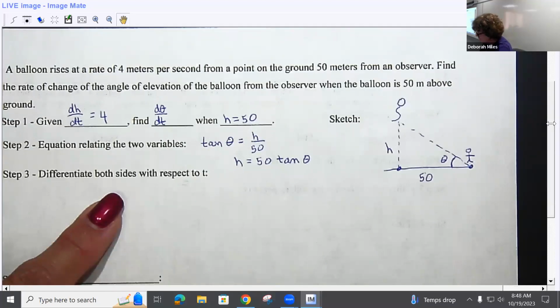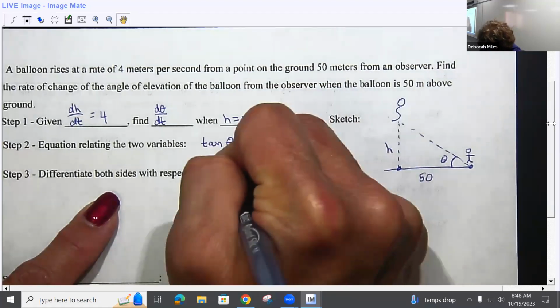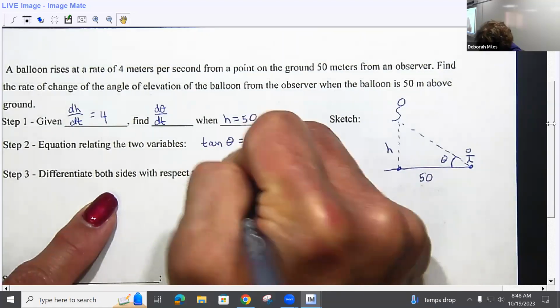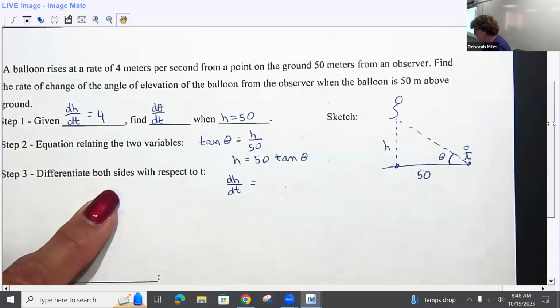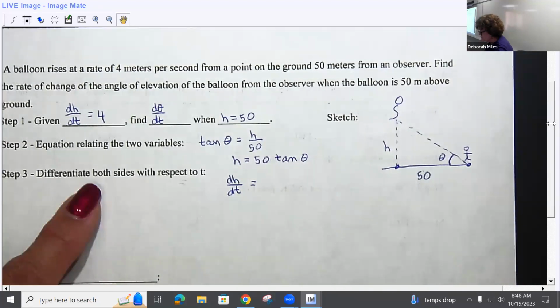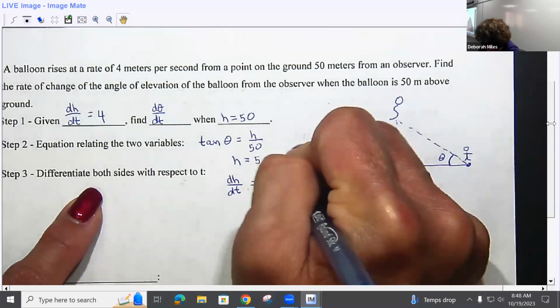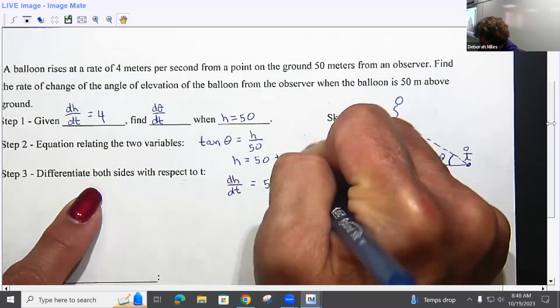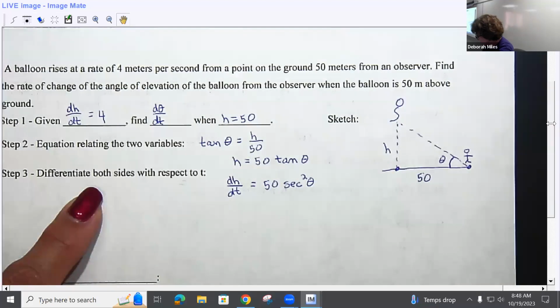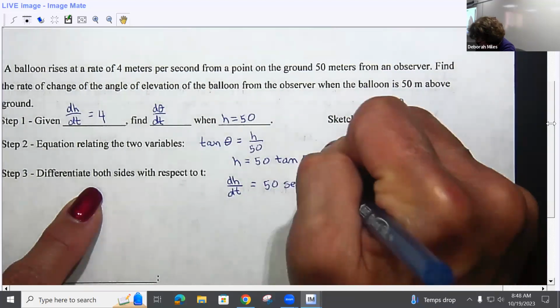So what's the derivative of the left-hand side with respect to time? dH over dt. What's the derivative of the right-hand side with respect to time? Awesome. 50 secant squared theta times d theta over dt. Very good.